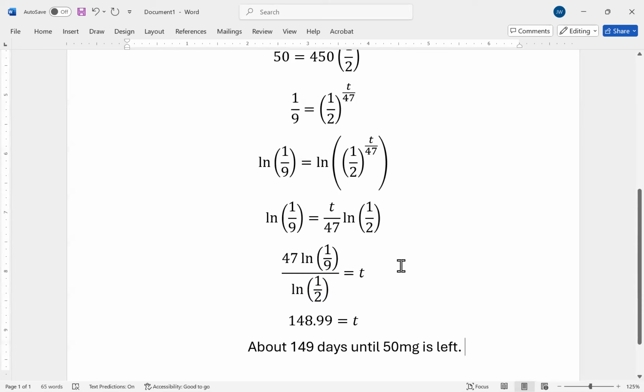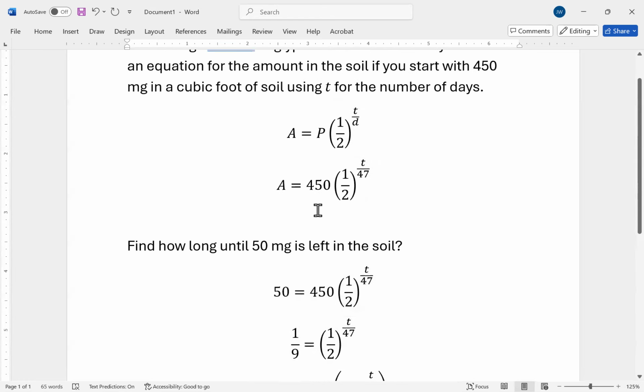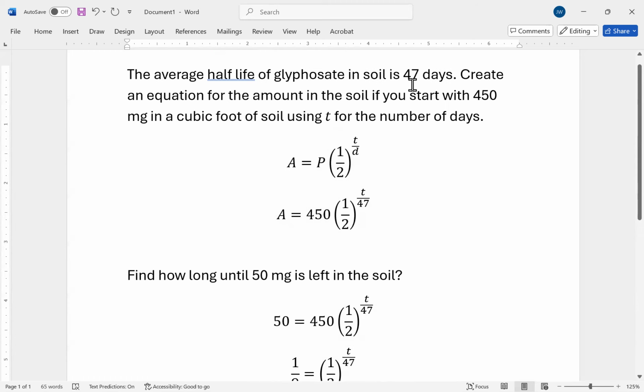So all that is our setup. We create using the halving time equation. We know the halving time is 47 days, so we put that here. And then we start with 450.